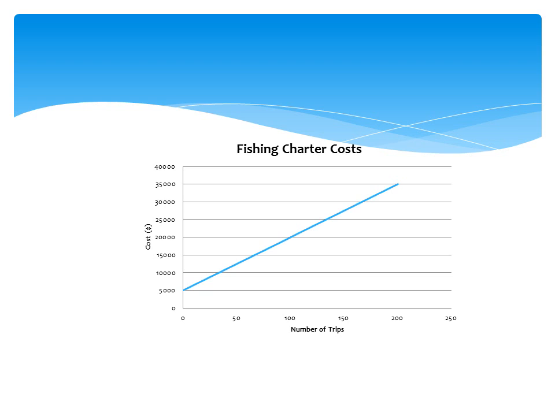For example, we calculated that for 200 trips, the cost was going to be 200 times $150, which is $30,000, plus the $5,000 of fixed cost, $35,000, which is this point here. We can also see that it's a straight line, which makes it a linear graph. So that's an example of putting together a rule, an equation, and some data to show the different costs for a fishing charter business depending on the number of trips taken in a year.